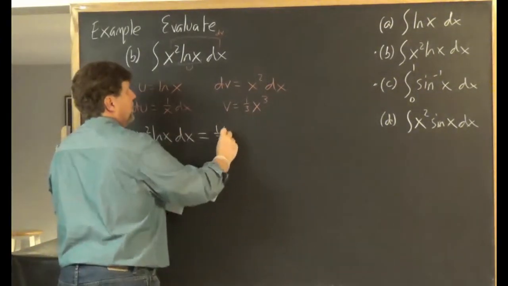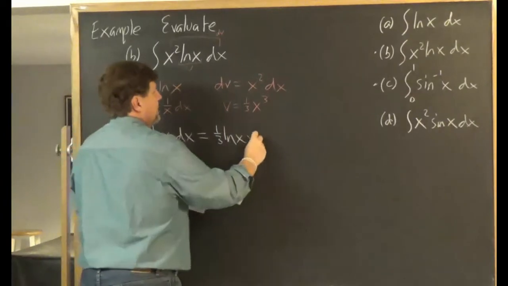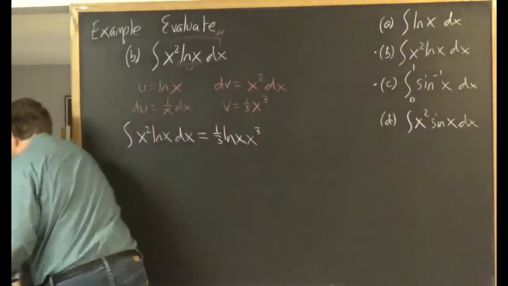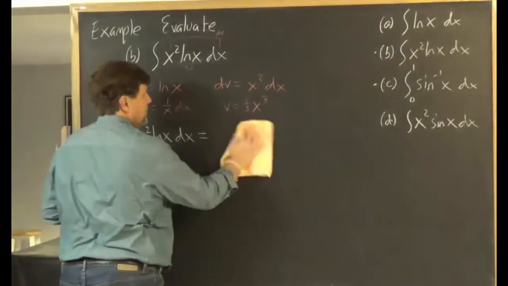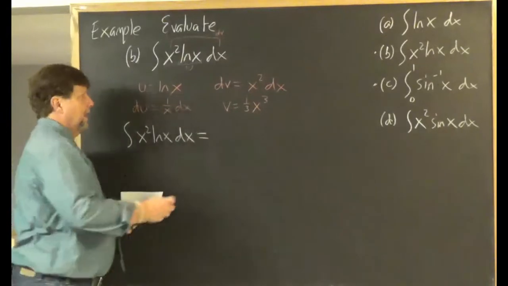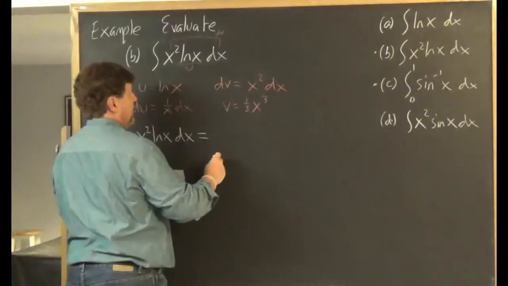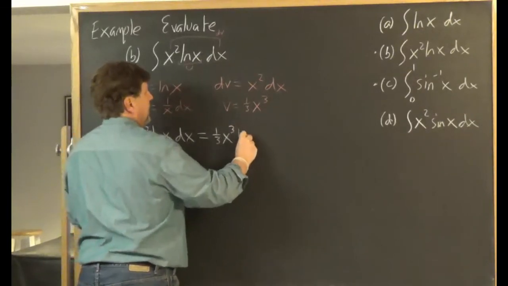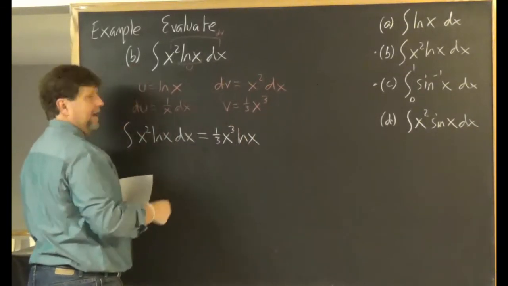So it's 1/3 ln x cubed. You know what? I don't like to write it like that. I don't like my x's together like that, so I'm going to write the u times v as 1/3 x cubed ln x. I like the way that looks better.